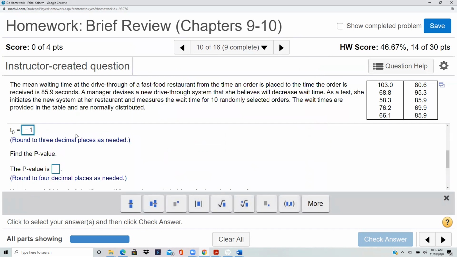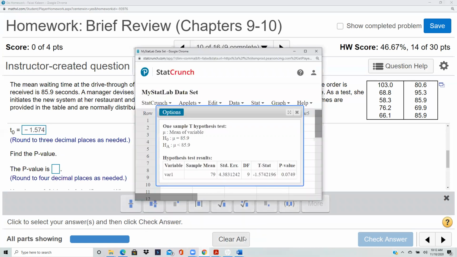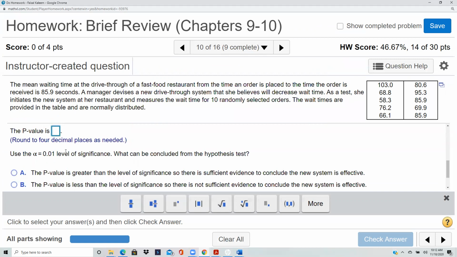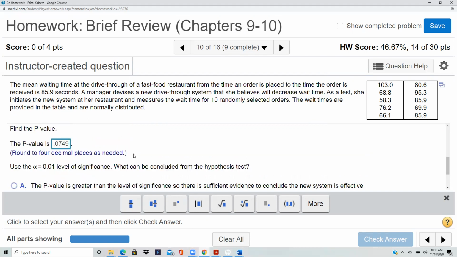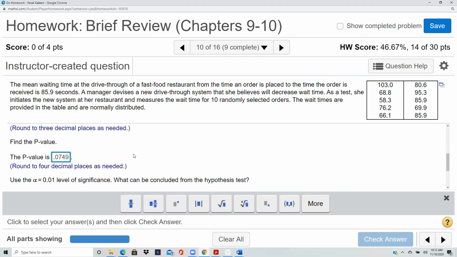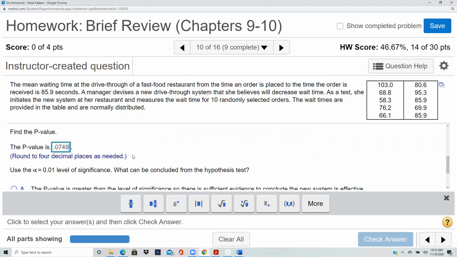Oh, it has the p-value on it. 0.0749 for the p. So what's the conclusion?